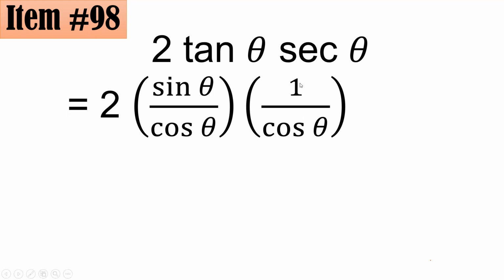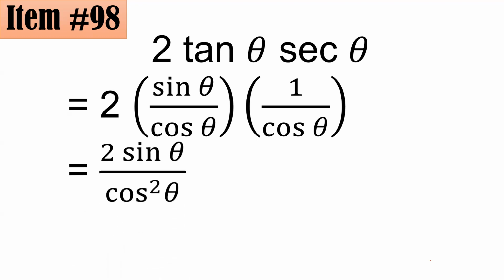So secant theta is 1 over cosine theta. Now, I multiply the denominators and cosine theta times cosine theta becomes cosine squared theta. And your numerator is 2 times sine theta times 1, which is 2 sine theta po sa ating numerator.